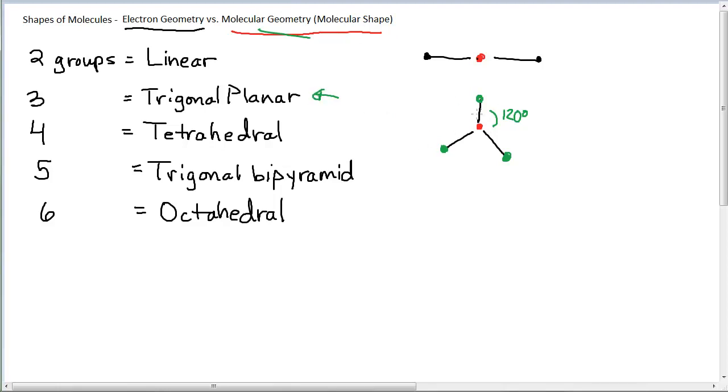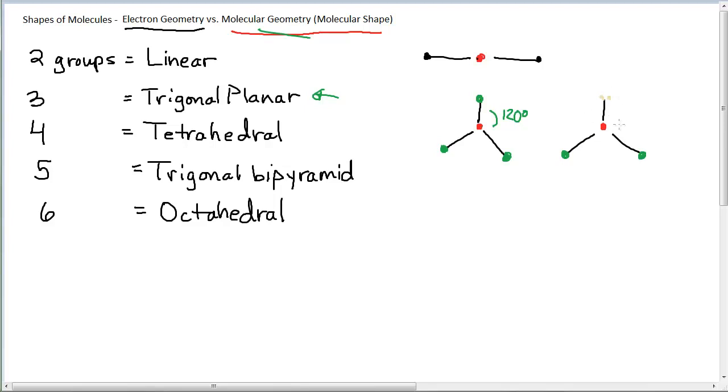And I do so because the shape that the atoms make is a trigonal planar arrangement with a bond angle of about 120. However, if there is a lone pair among those 3 groups, the 3 groups will still take on an electron geometry of trigonal planar, but if only 2 of those groups have atoms attached and the 3rd group is a lone pair of electrons, that lone pair takes up space.